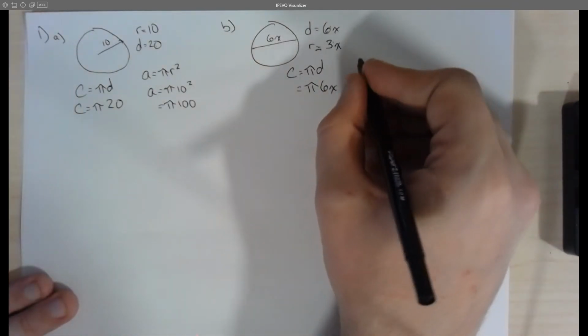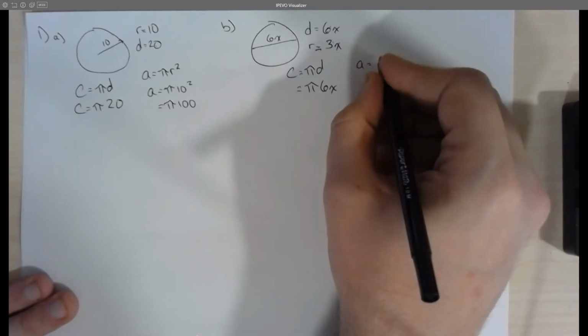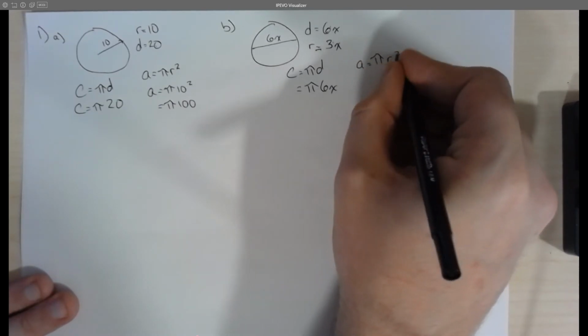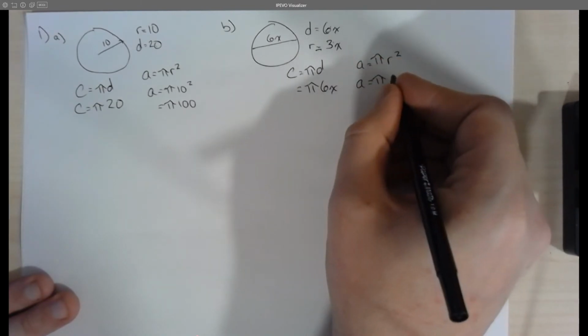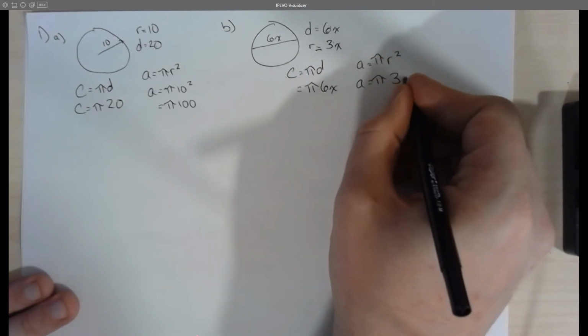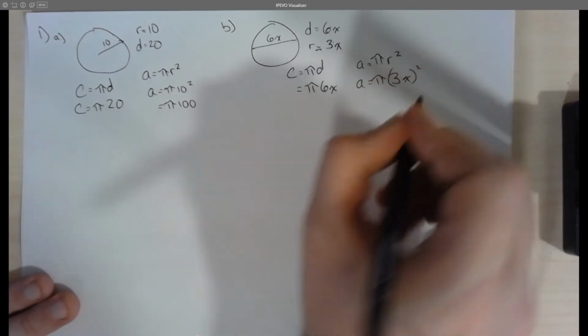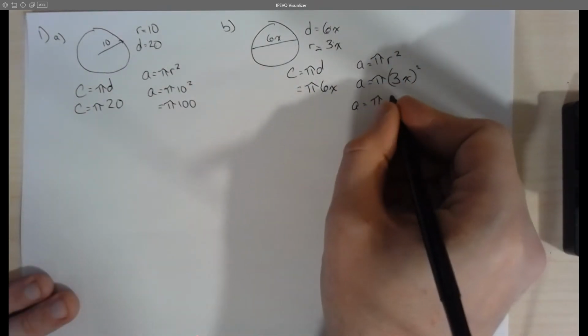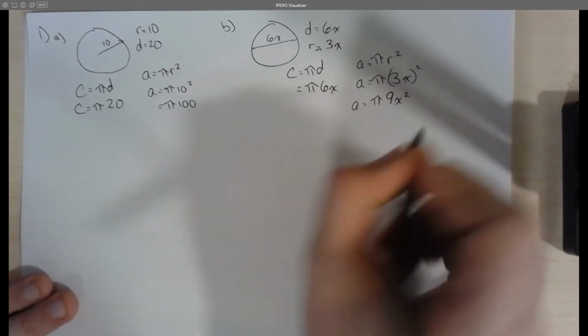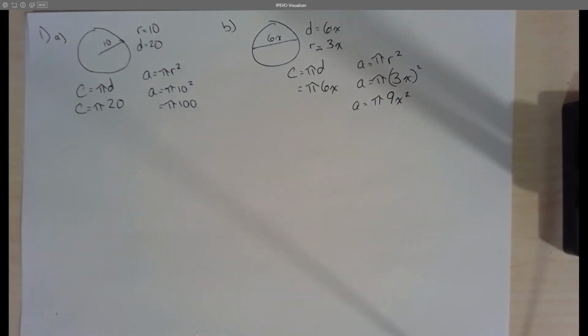For this example, our area equals, again, pi r squared, but in this case our radius is 3x. Remember the 3x, the whole thing needs to be squared now. So when we do that, our area equals 9x squared. So 9x squared pi, if you want to rearrange that, would be the area for that particular question.